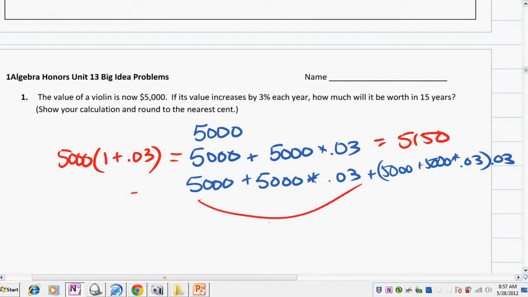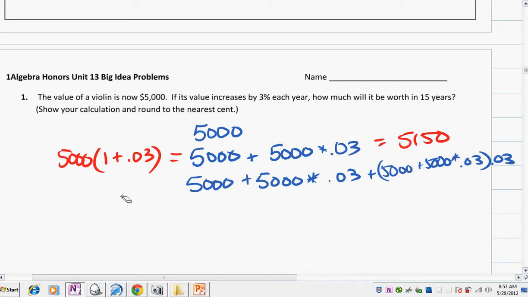So this together is 5,150, and then I should be taking 3% more on that. So I should be getting another $154.50 into that. So 5,304.50 this should come out to be. So let's see, 5, 1, 2, 3 plus 5, so it's 5,150, right? Times 0.03. Yeah, that should be right. Yep. So I'm adding that on to that.